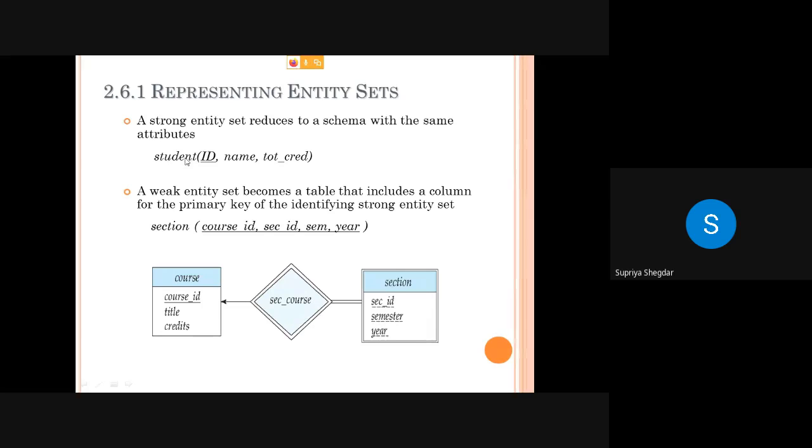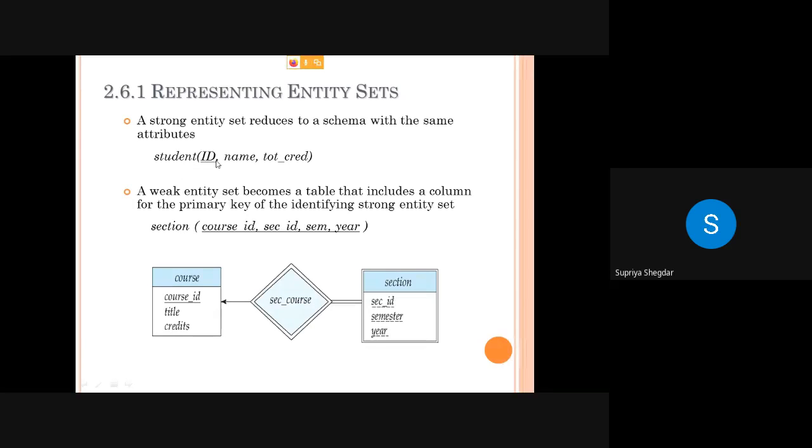Means like this, student, then ID, name and total credit, these are the attributes of that student entity set. So we can directly give these attributes to the student schema, student table, and if the ID is my primary key, then I can write the primary key with an underline to that attribute.